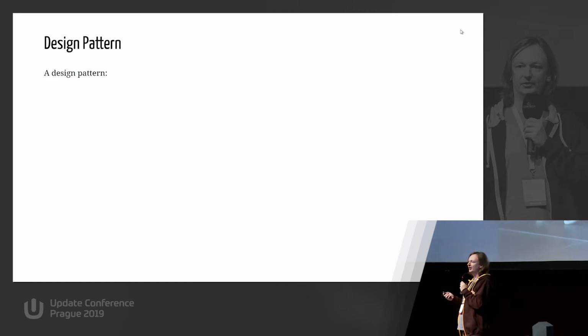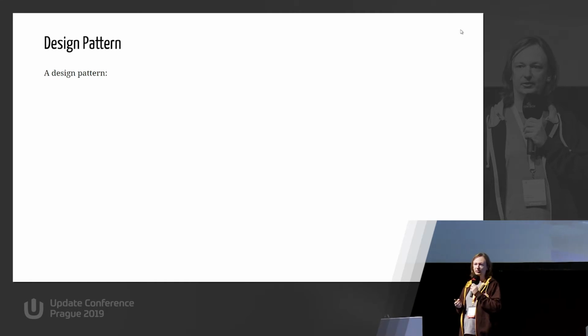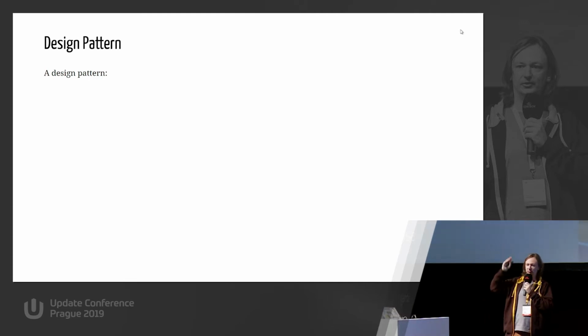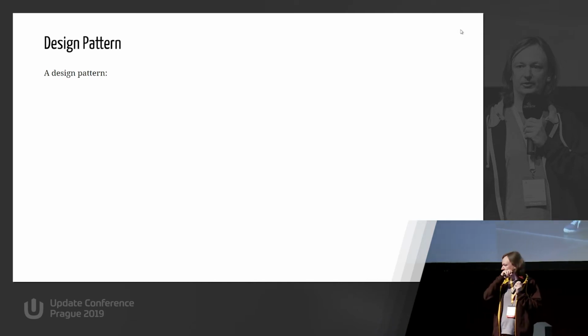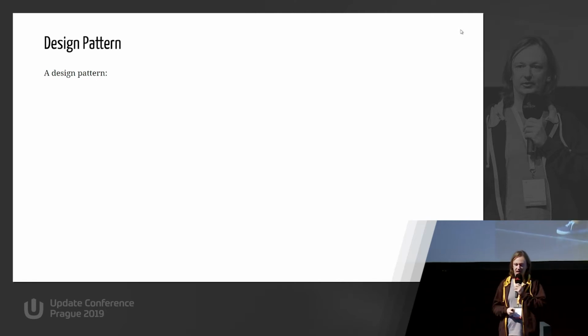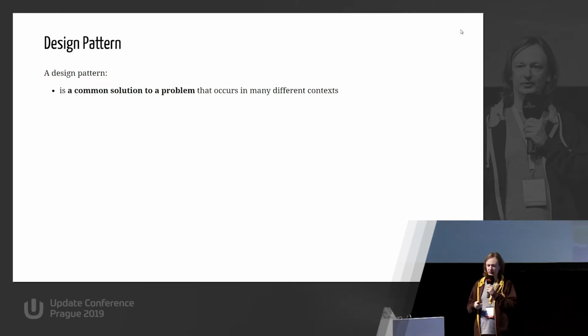So having a design pattern, has anyone of you read the original object-oriented design patterns book from the Gang of Four? It is kind of a Bible related to design patterns in object-oriented programming. And then there was a design pattern described one by one, and every design pattern obviously was a solution to some common problem that is frequently occurring, because as an industry we have some common problems that occur frequently in different contexts, but the solution can be common.